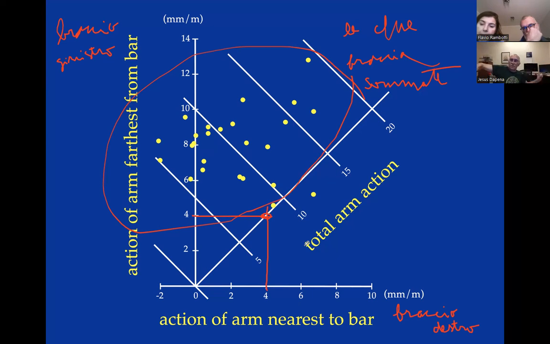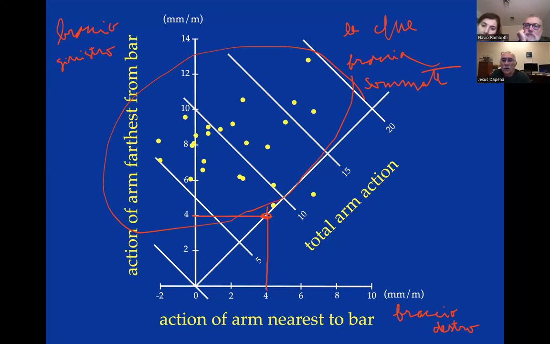So the left arm goes through a long range of motion. But the right arm is already high in this initial position, so it can only have a smaller range of motion. Okay, so this is just normal. It's normal that the arm that is closest to the bar will have a smaller action than the arm that is farthest from the bar.